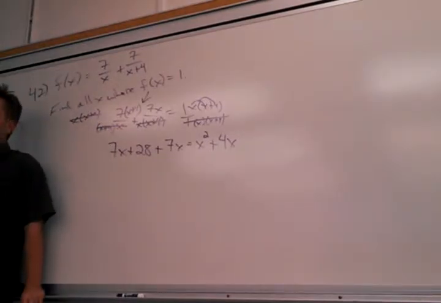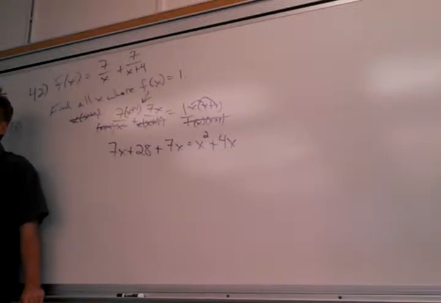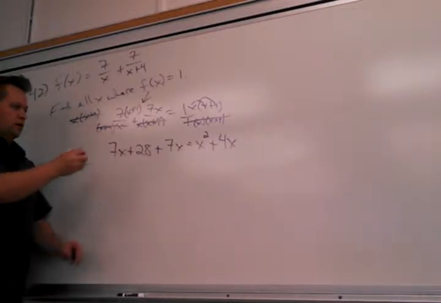What tells me what to do? What part of this equation tells me what to do? The exponent, the square. Since one of my x's is squared and the other ones aren't, I have to get everything on one side because I want to equal it to 0.